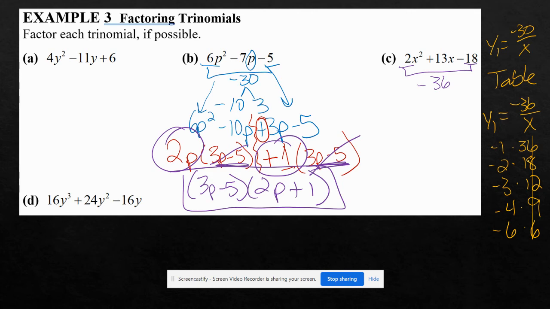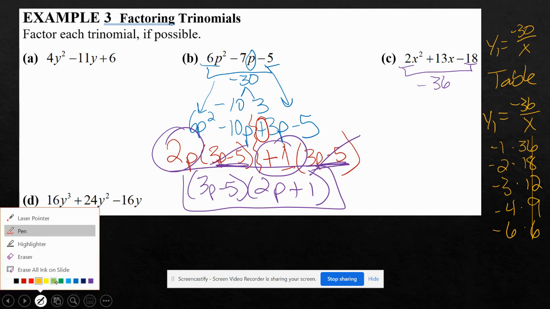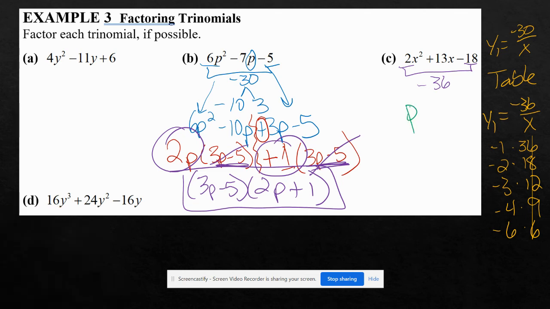That's going to be 35, 16, 9, 5, and 0. I don't have anything that works. And so if I can't find anything that'll factor this correctly, then this is a prime polynomial or a prime trinomial.